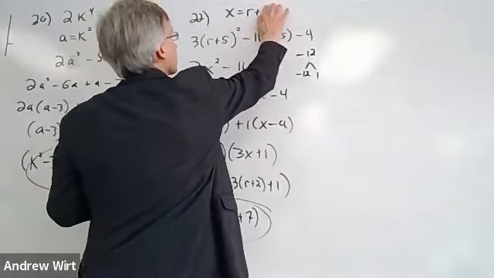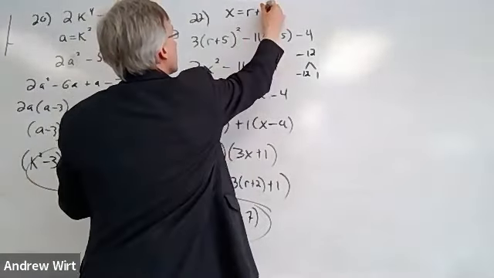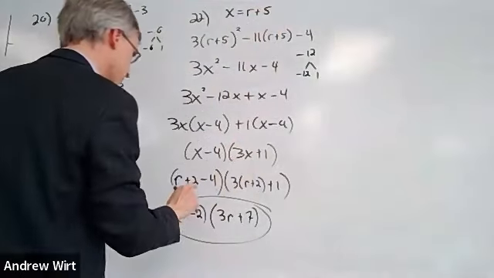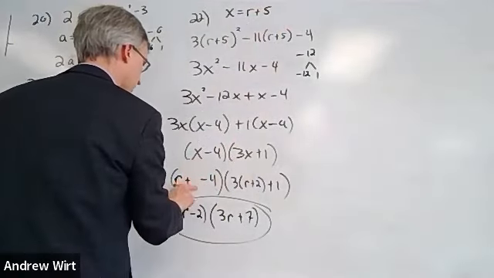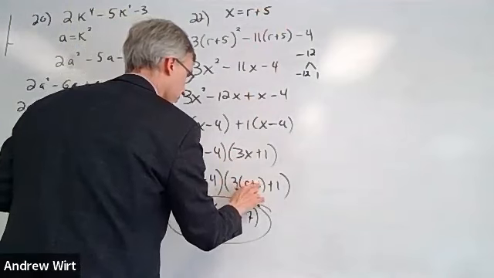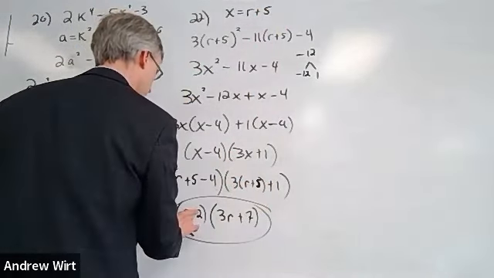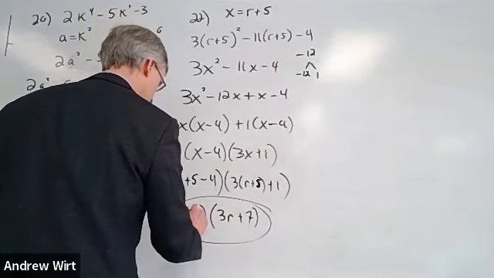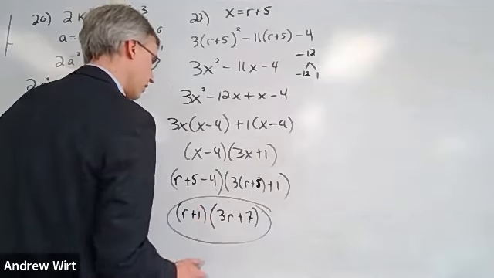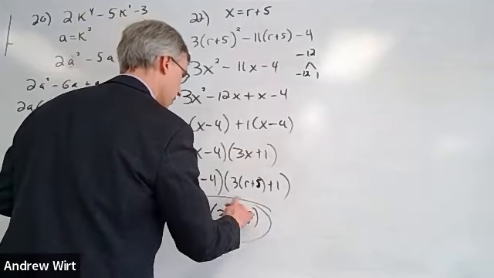No idea. I saw that 5 and thought it was 2. That was my mistake. Okay, so that's going to be a 5 here, and that's going to be a 5 here. So that makes this r plus 1 and 3r plus 16.